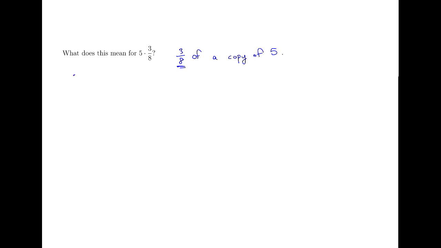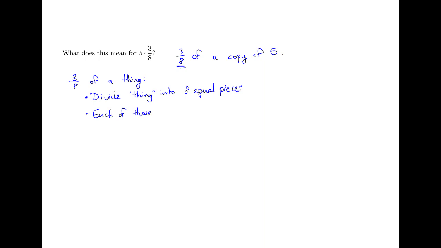So 3/8 of anything is you first divide that thing into 8 equal pieces. And then each of those pieces is called an eighth.